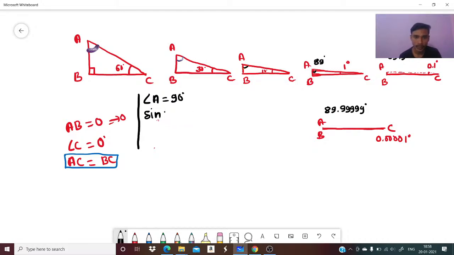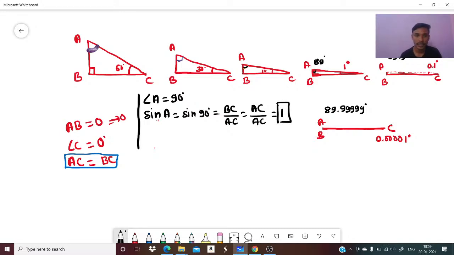So sine of angle A is equal to sine of 90 degree, right? Sine of angle A will be given by opposite, that is BC, upon hypotenuse, which is AC. You know that your BC and AC are the same, so I can write my BC as AC itself. So AC upon AC will be equal to 1, and therefore my sine of angle A will be equal to 1.